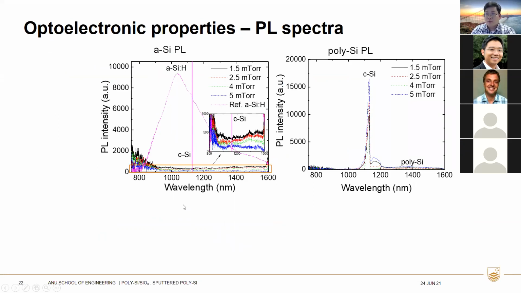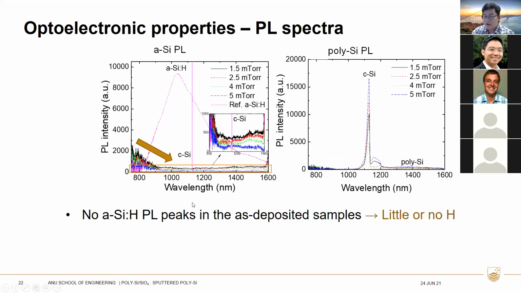About the optoelectronic properties, the figure on the left presents the amorphous silicon PL, and on the right is the PL of the sample after the ex situ boron diffusion. As we can see from the figures, similar to previous work, there are no hydrogenated amorphous silicon PL peaks in the sputter deposited films.